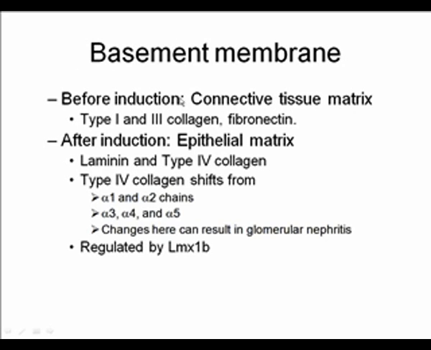In addition, as we said, we have the connective tissue matrix before, that is type 1 and 3 collagen and fibronectin, and then as the nephron develops, we see laminin and type 4 collagen being expressed, and this type 4 collagen is actually going to shift in its morphology and its types of structures that occur, and this is regulated by LMX1B.